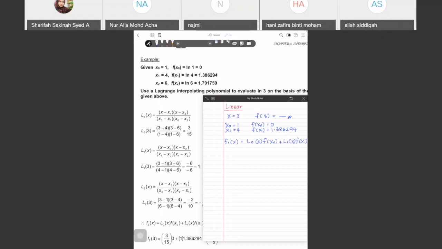Okay, so this is Lagrange. A bit similar to the Newton just now, but Newton uses b naught as a coefficient. So now how to calculate your Lx?